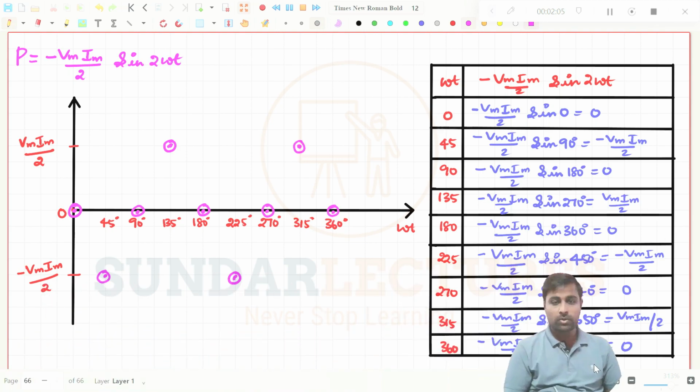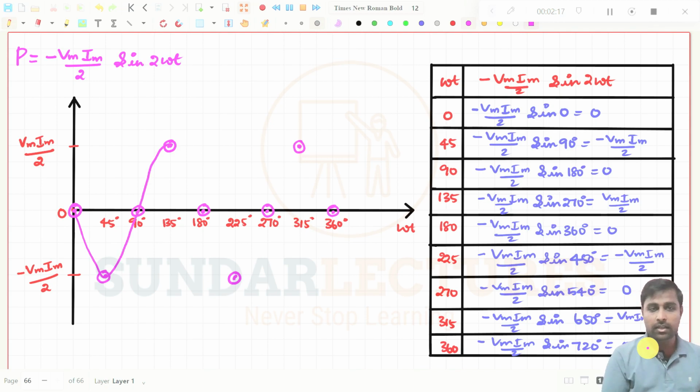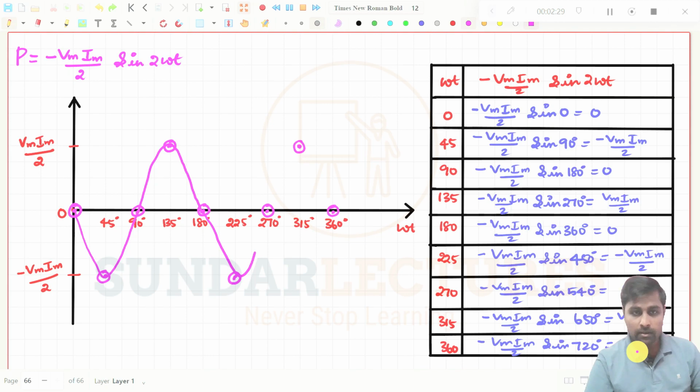So I just bring this to here. Now I just need to connect all these points. So it will be like this. If I connect, it will come like this, and then it will be like this.